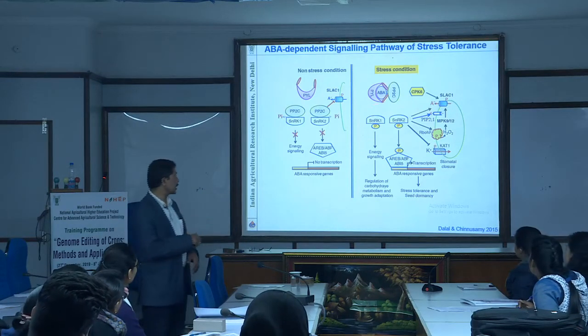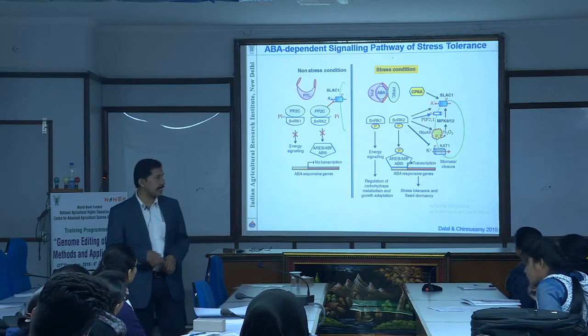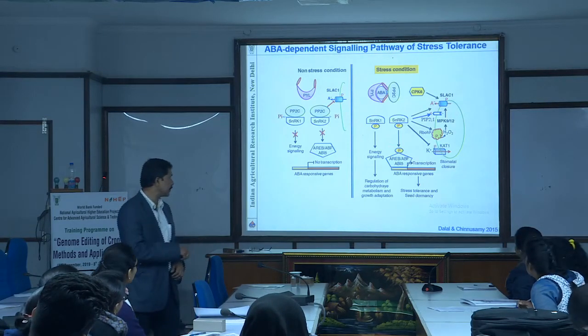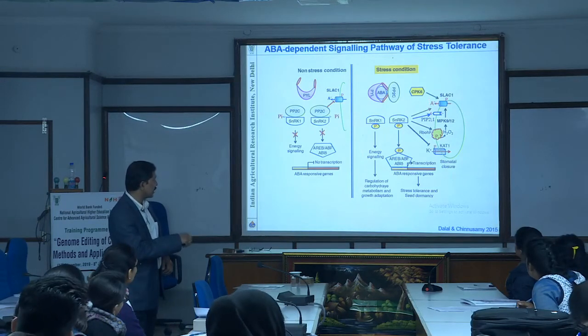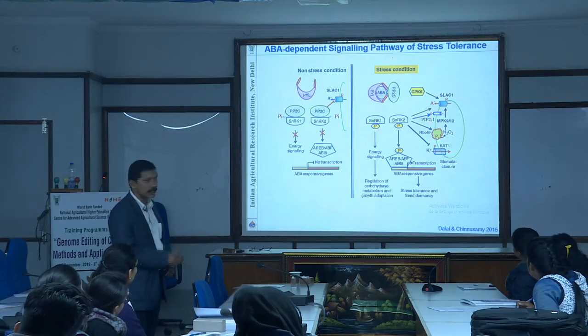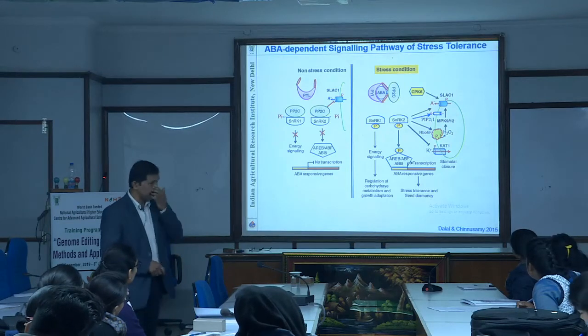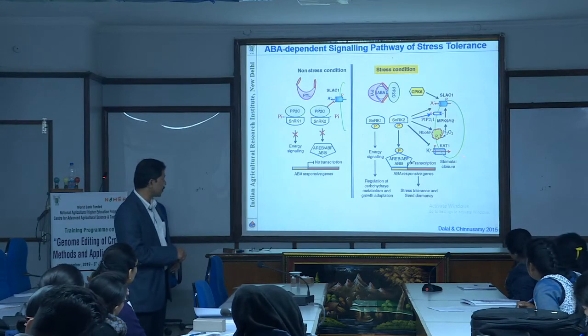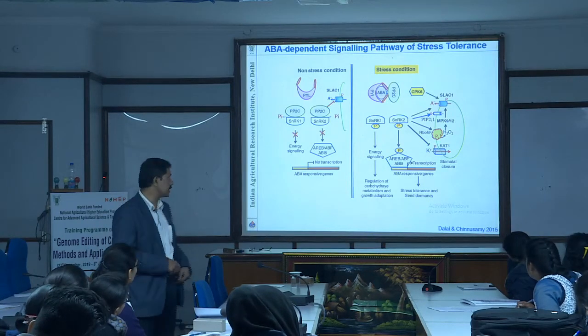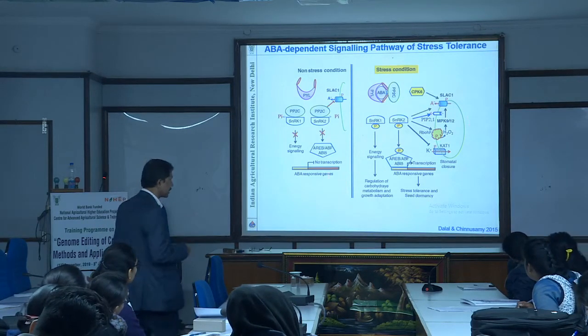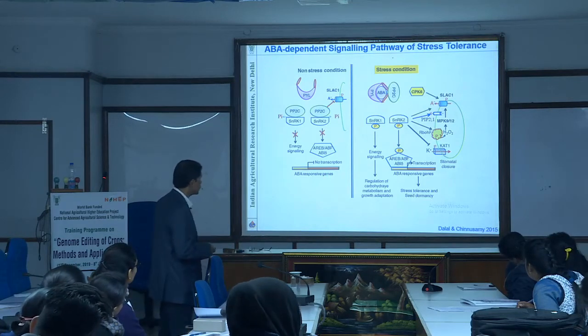So now the kinase is free. So these kinases then can phosphorylate a variety of transcription factors, or some of the ion channels or the aquaporins. So many membrane proteins can be phosphorylated, and some of the phosphorylation can inhibit the activity, some of the phosphorylation can activate the activity of the protein, and thus you get the stress response.